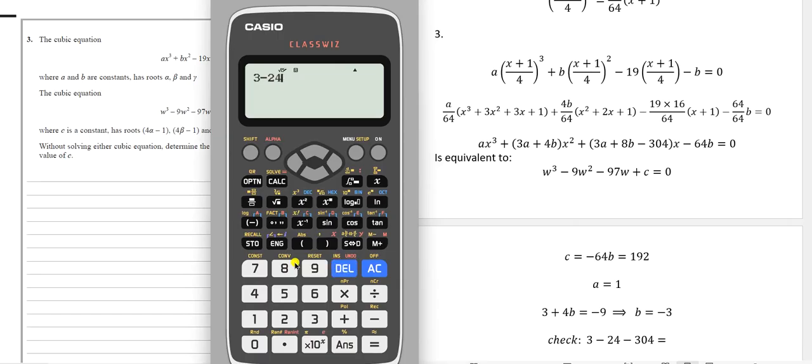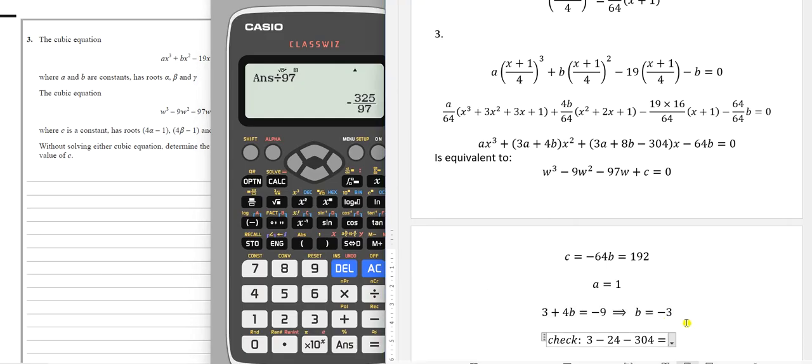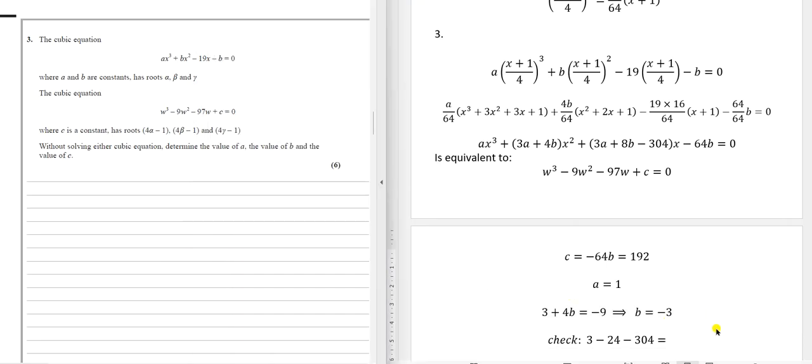But I bet it's going to be reasonably nice. It's not a nice multiple of it at all. I tell you what's happening.